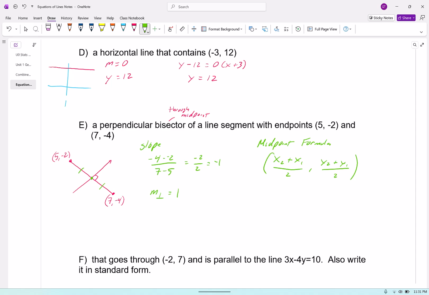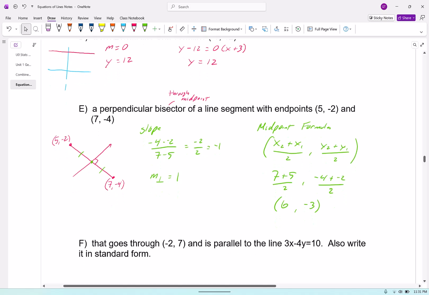All right, so if I look at x, I see 7 plus 5 over 2, and then I see -4 plus -2 over 2. So I get 12 over 2, which gives me 6. I get -6 over 2, which gives me -3. So the point that goes through the line is 6, -3.